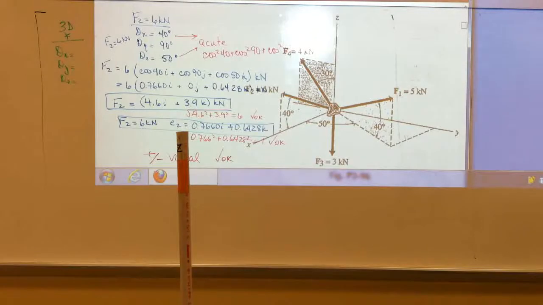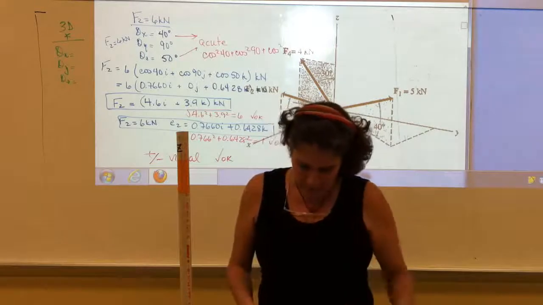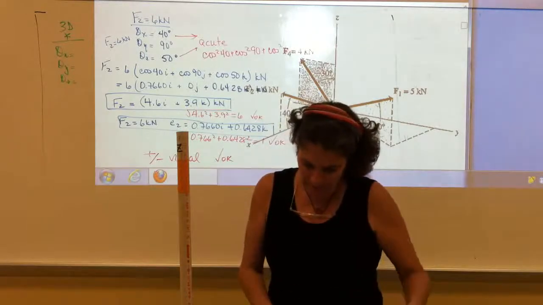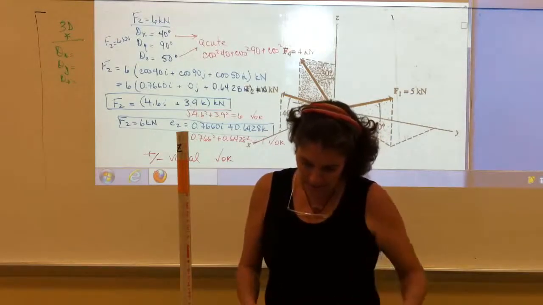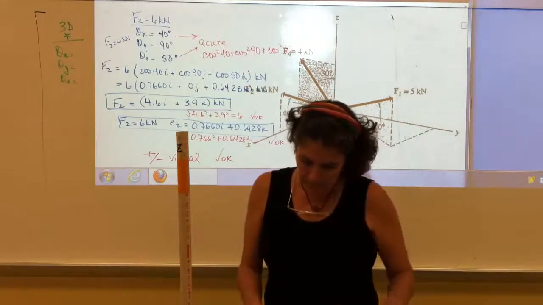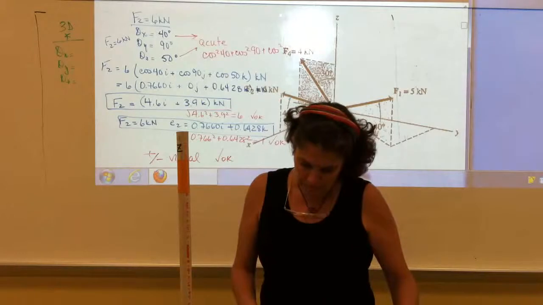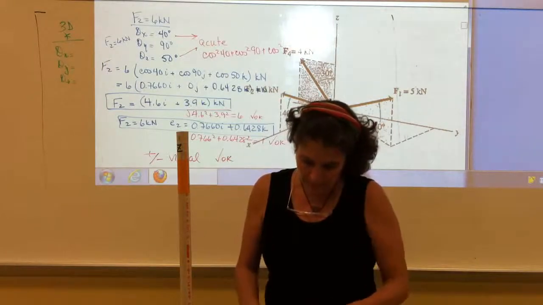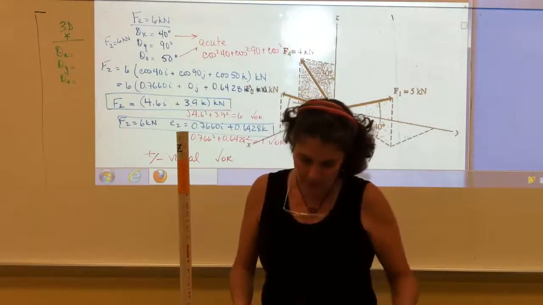But in order to do that, we need to find components, so I wanted to do it in a quick way so that we could get through that part of the problem and move on to the statics part. Yep, the rest we'll do in statics.